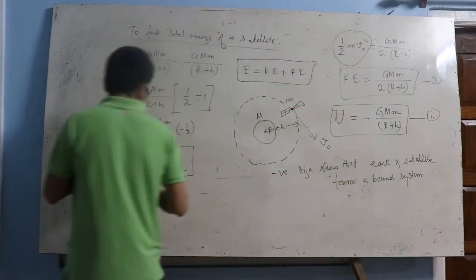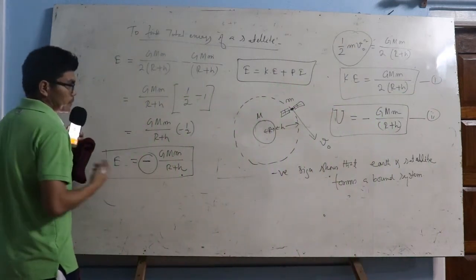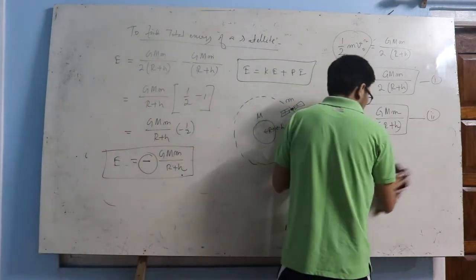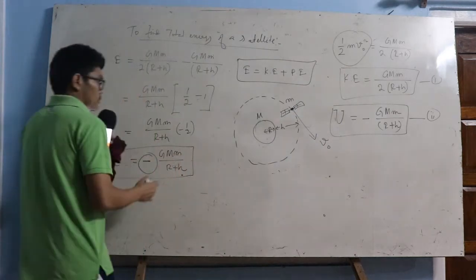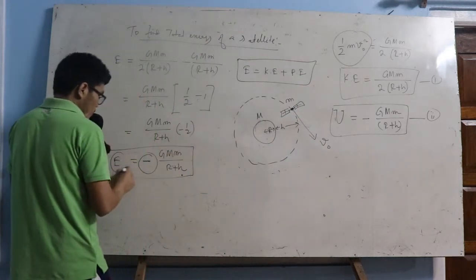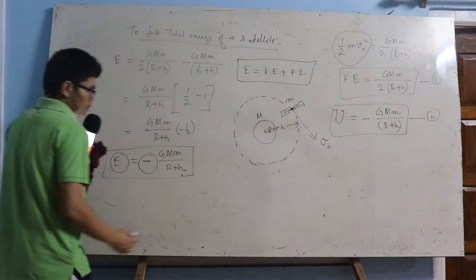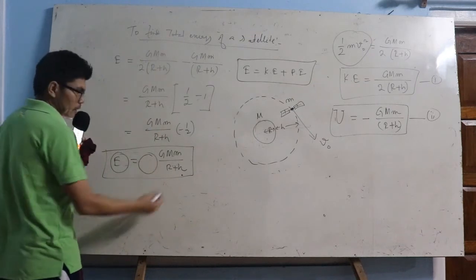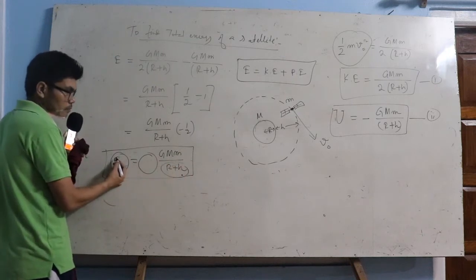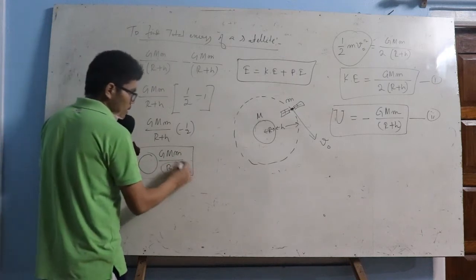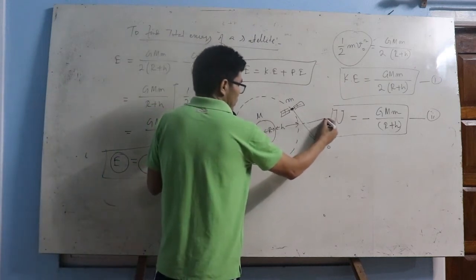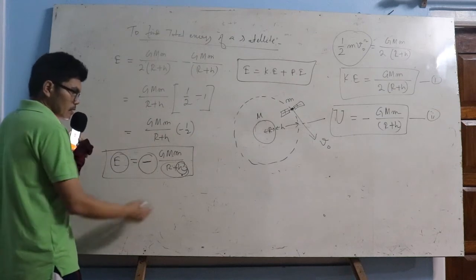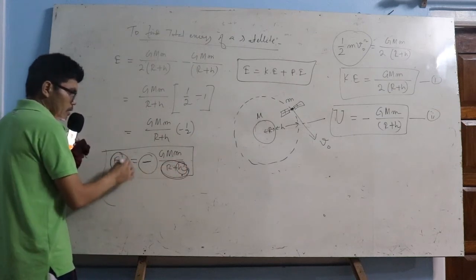So now you can see as the energy is negative, when the satellite is moving farther and farther, the total energy of the satellite will go increasing. Because if there is no negative sign, if r plus h is increasing, meaning you keep on increasing the height, energy should be decreasing. But there is negative sign. Negative sign means whenever you increase this quantity, energy also increases here.